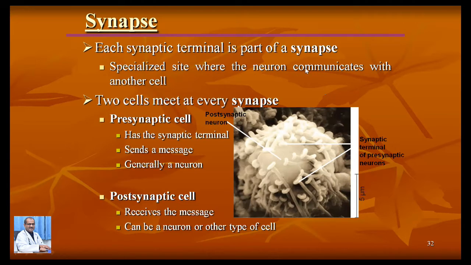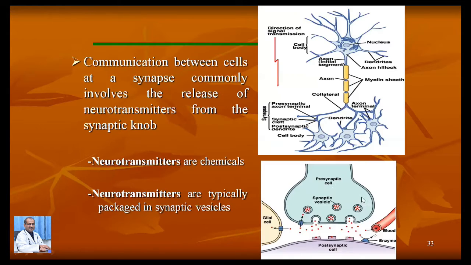This is an electron microscopic photograph of the nervous system. Here you can see the postsynaptic neuron, and the synaptic terminal of the presynaptic neuron. The size here is 5 micrometers.